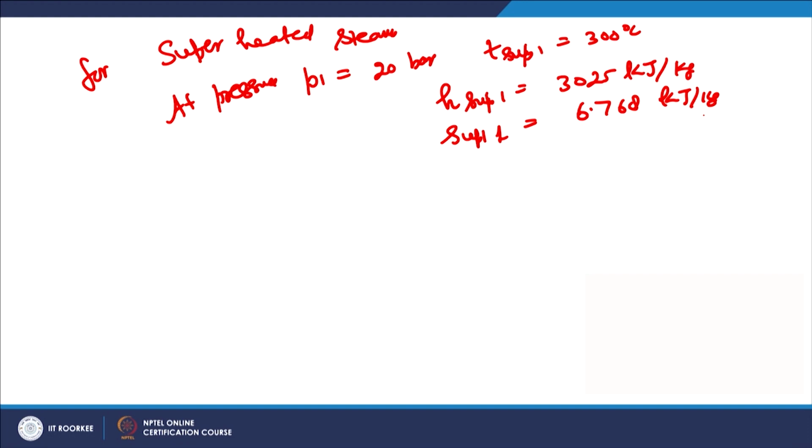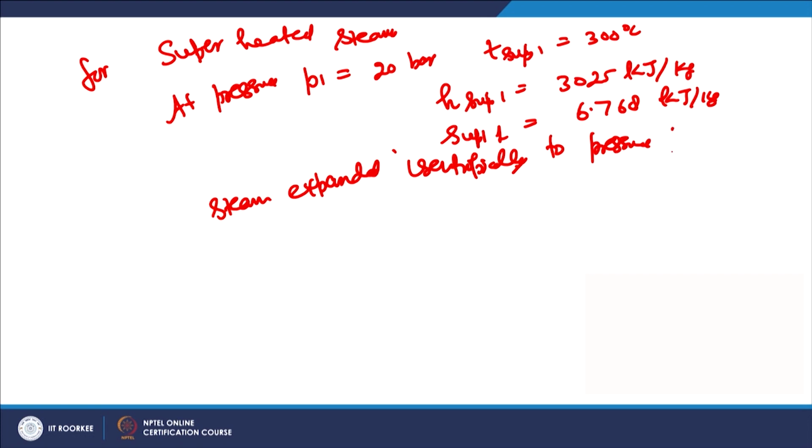Now we have already given that steam expanded isentropically to pressure P2, 0.07 bar. So again we need to seek the help of steam table for the dry saturated steam.